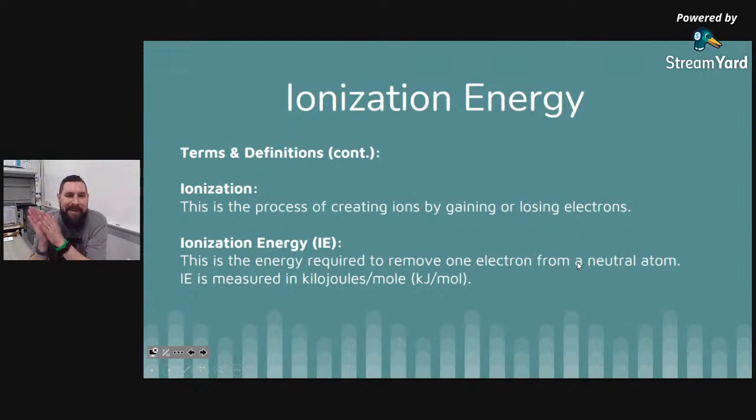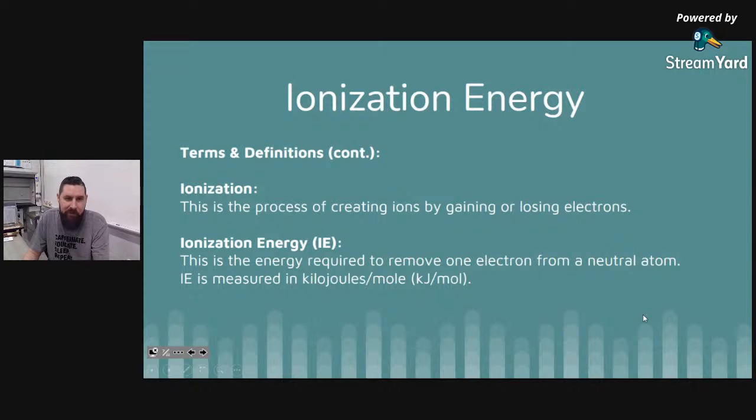The other two terms: ionization. This is the actual process of creating those ions by gaining or losing electrons. And then the energy required to ionize something, that is ionization energy. And that's the trend that we're about to take a look at. But by strict definition, ionization energy, also abbreviated as IE, is the energy required to remove just one electron from a neutral atom, and we measure this in terms of kilojoules per mole.